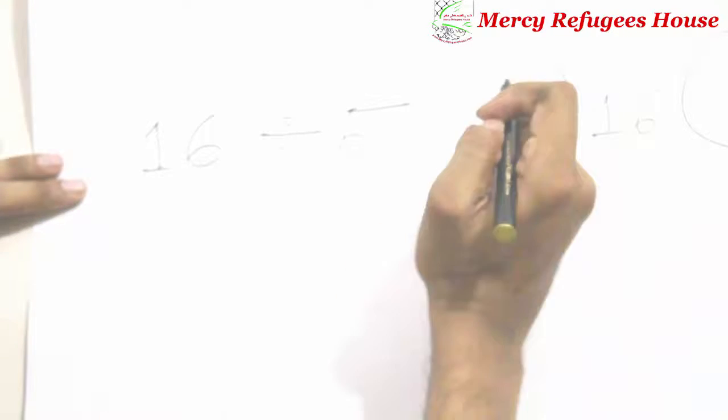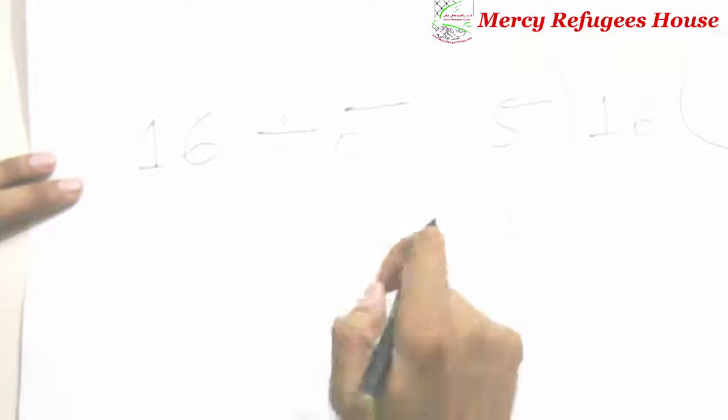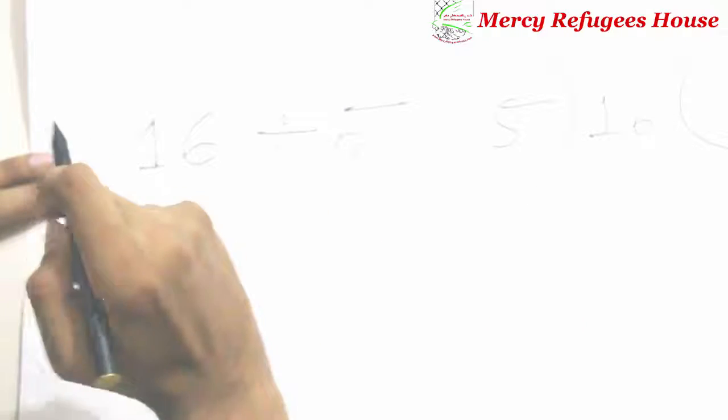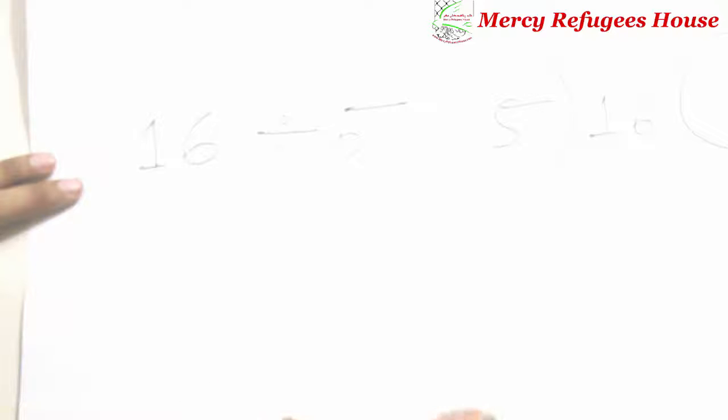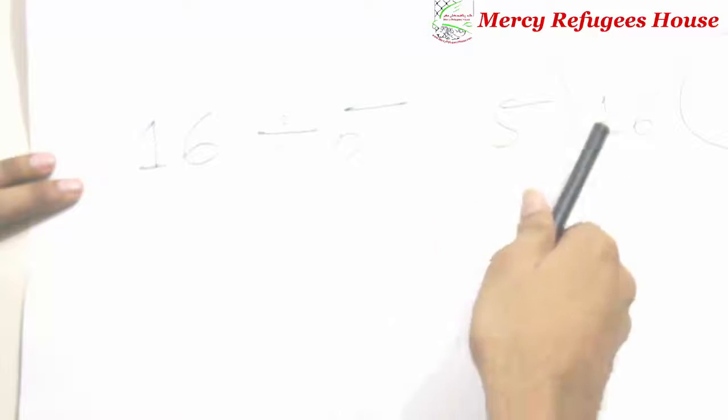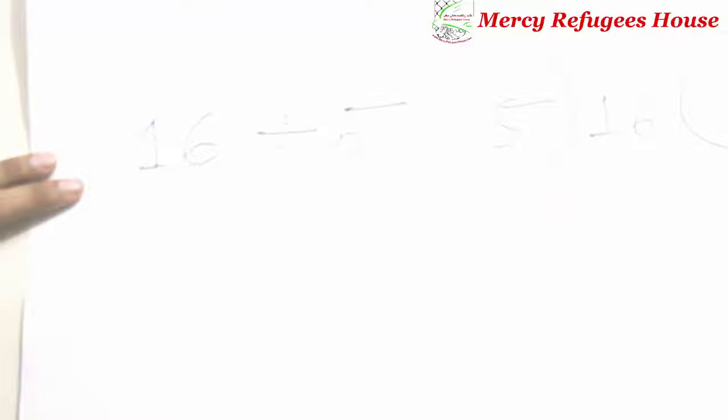So what is the divisor here? The divisor is 5. Then we would use the multiplication table of 5. So 5 times 1 equals 5, 5 times 2 equals 10, 5 times 3 equals 15, 5 times 4 equals 20. Look at this. If we say 5 times 3, we get 15, and if we say 5 times 4, we get 20. Now 20 is more than 16 and 15 is less than 16.